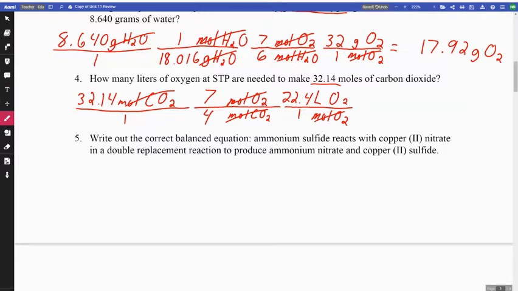So we're going to take our top numbers divided by our bottom numbers, and we are going to get 1,259.8 liters of O2. Okay?